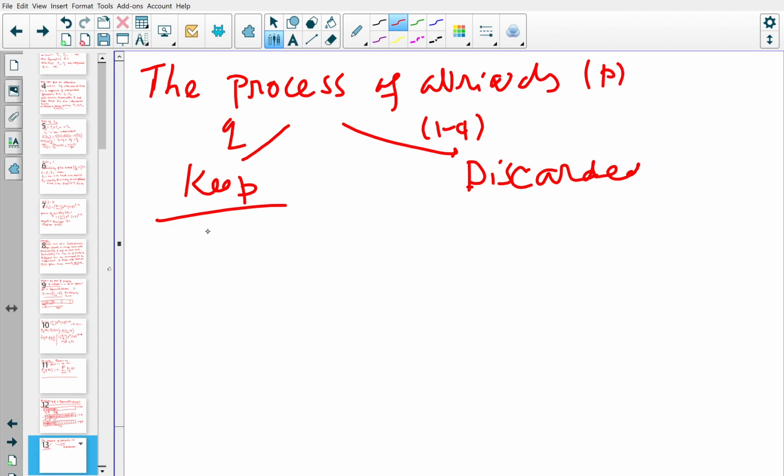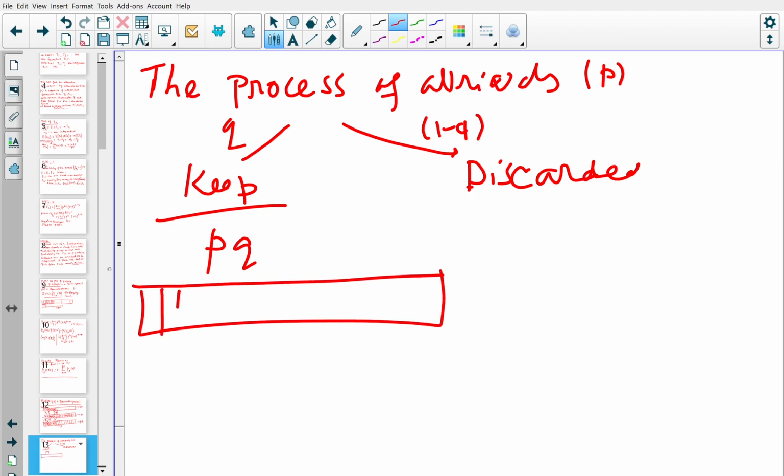So what does that mean? If you keep one thing from the process, what is the probability of keeping it? It is nothing but p into q, right? So in this, a time slot having an arrival or success has probability pq, right?